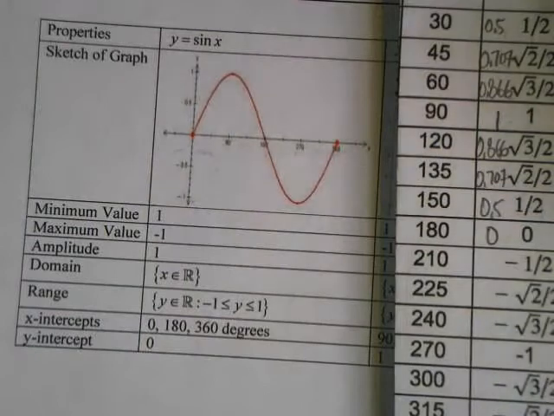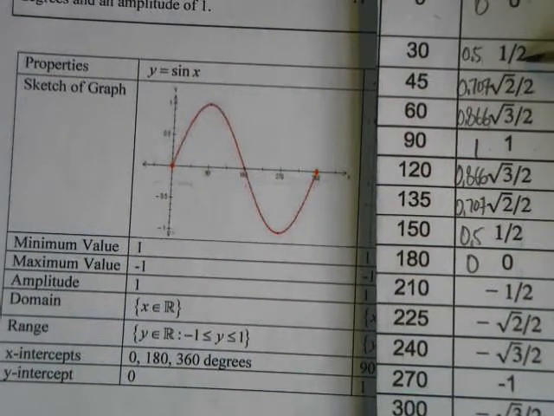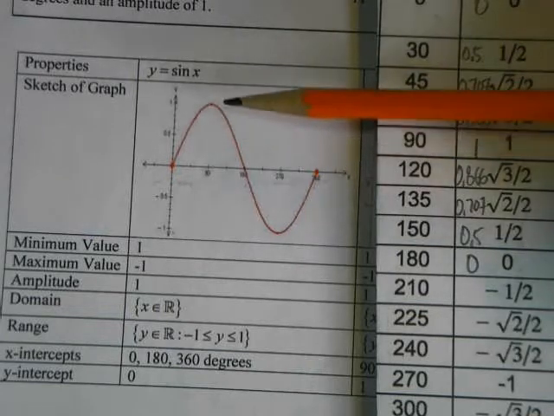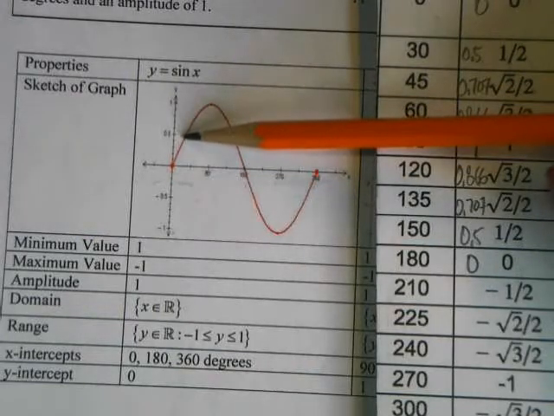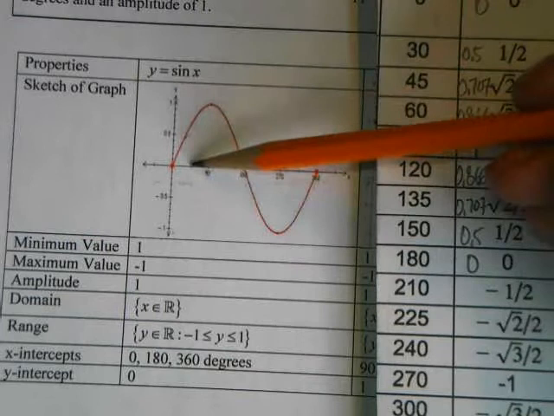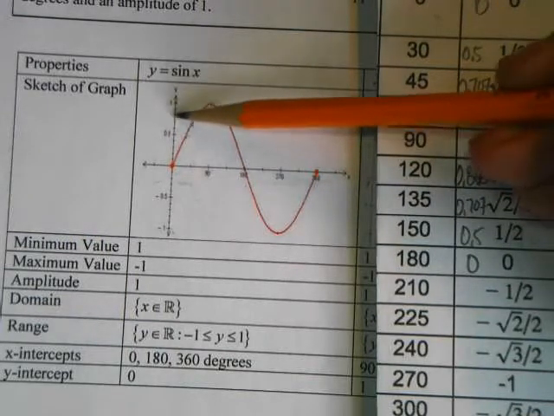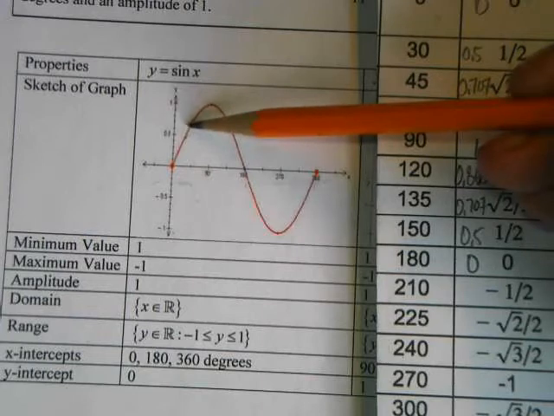Okay, so if we keep going with our plotting, if x is 30, the y value is 1/2, so that would be that point right there. If x is 45, we're at 0.707, so it's the point there, which, you're approximating here, but that's the point there.